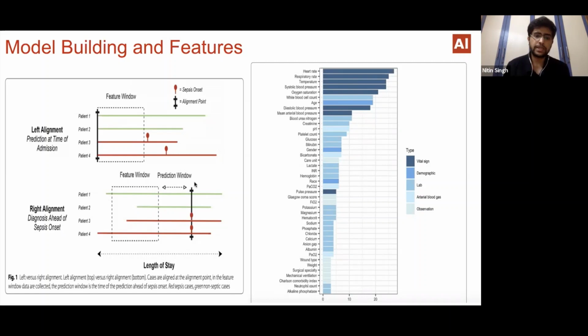In that case, you have this prediction window, wherein in that period you can try to assess whether there is sepsis or not. So there are two different ways, or maybe even more ways, to look at this problem of at what time exactly we are trying to predict.